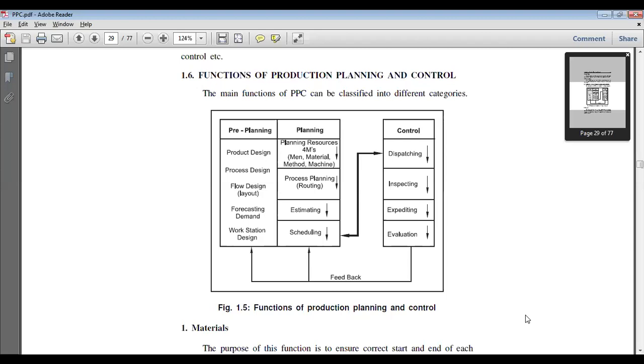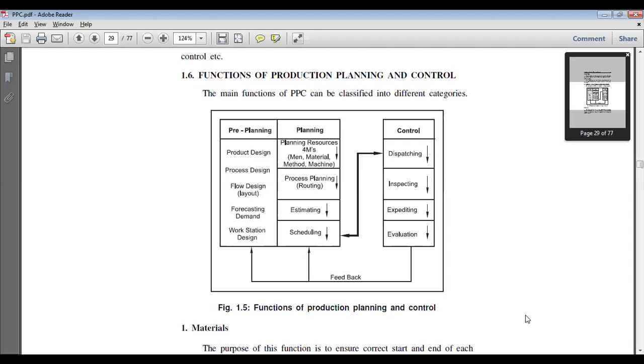So we have four resources: man, material, method and machines. So we have to manage all the four M's in order to have good productivity, a smooth manufacturing, good quality products supplying to the market, so that we are capable enough of producing profitability and productivity. So this is called planning resources.